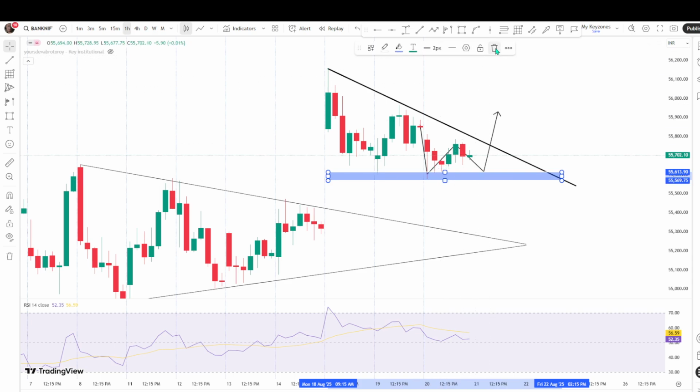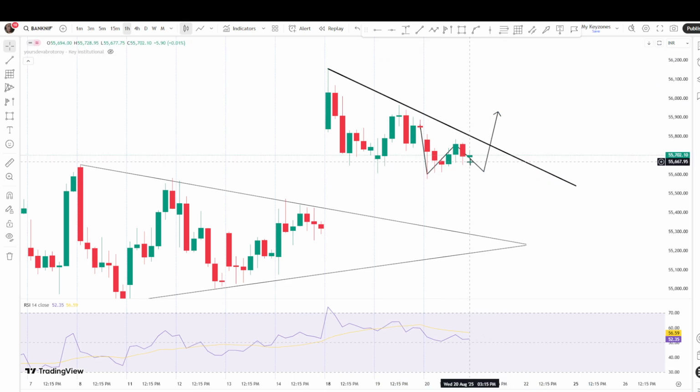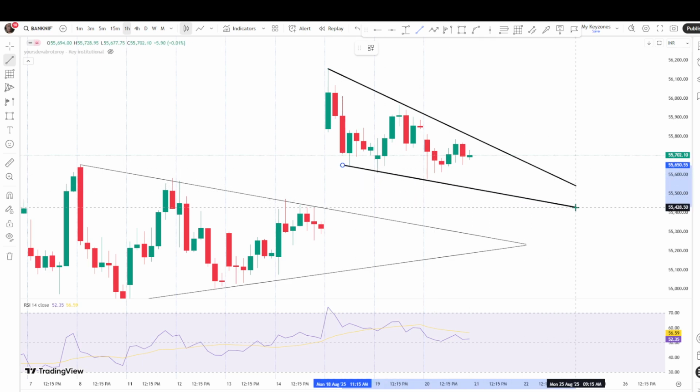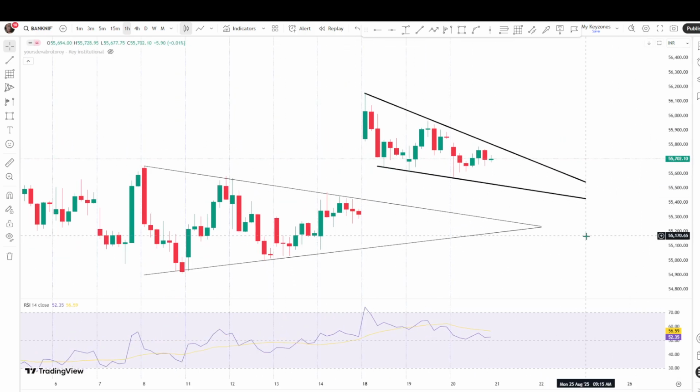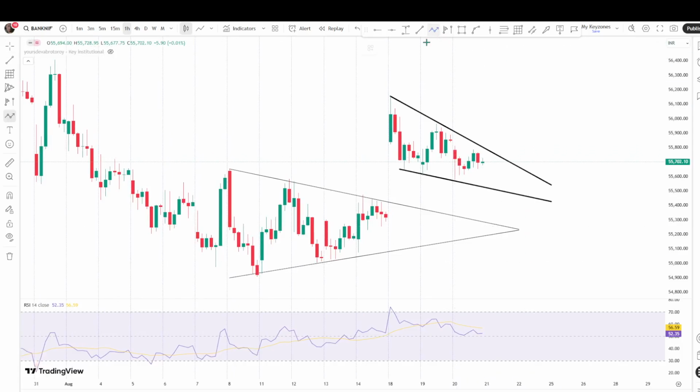If I remove this and add one more trend line here, I think it is making a falling wedge, I guess. It could be like this.